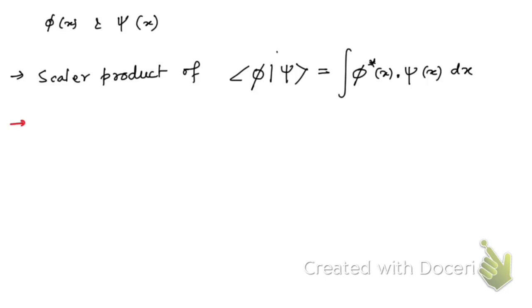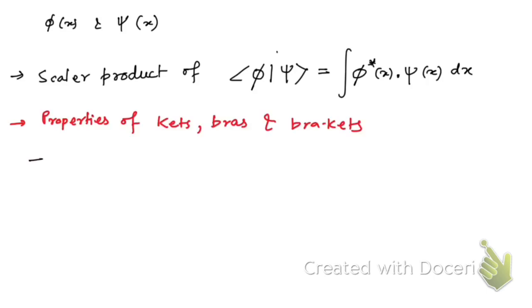Now let me write the properties of brackets. Every ket has a corresponding bra. Similarly, every bra has a corresponding ket.